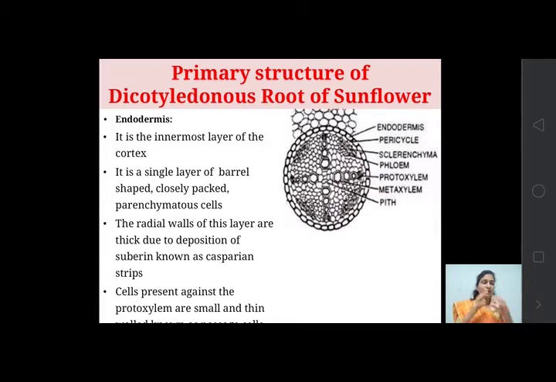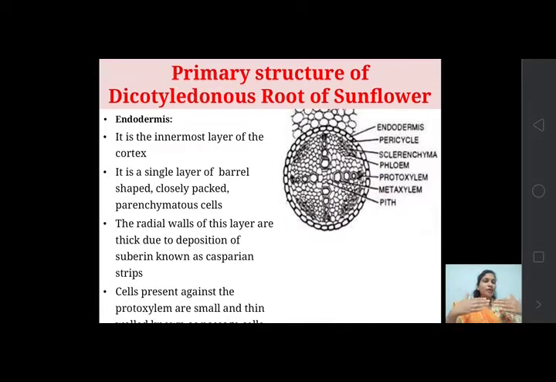Yes, they do not have any Casparian strips. Their radial walls are not thick. Only that portion of the endodermis is thin walled, and only those cells allow passage of water from xylem to the cortex region. That's why they are thin walled, and they are known as the passage cells.